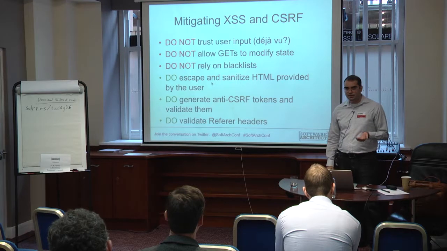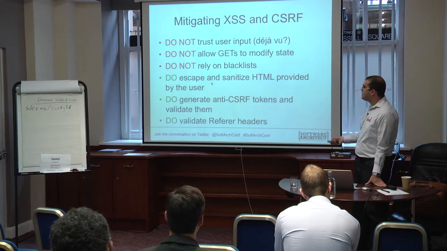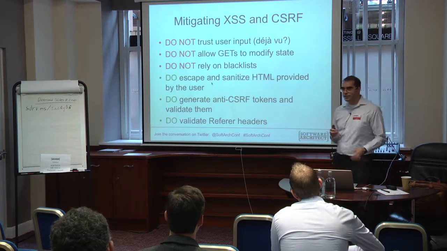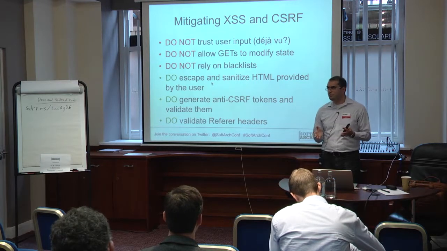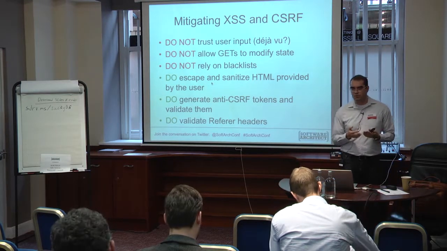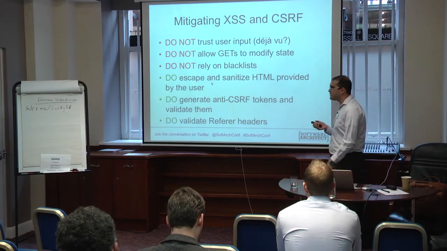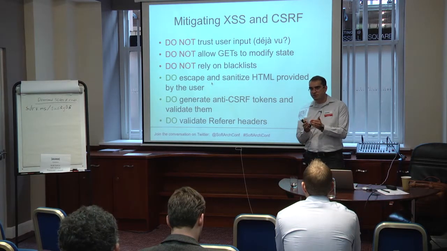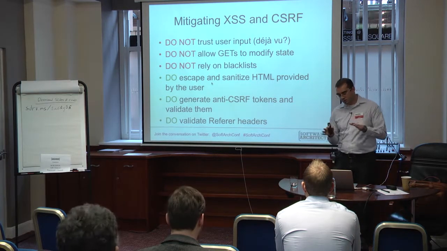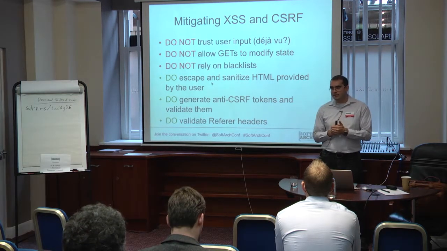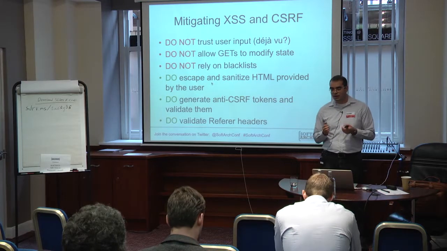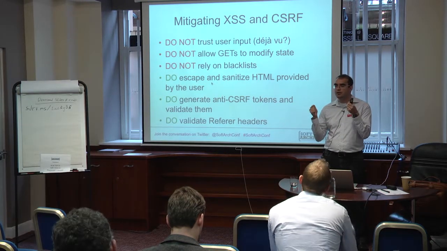Another anti-CSRF approach is called anti-CSRF tokens. This is something that most web frameworks today provide out of the box and even sometimes turn on by default. The idea here is that you have a query string parameter that has a value the server regenerates whenever you log in, or at least occasionally. And so it's harder to guess the URL.